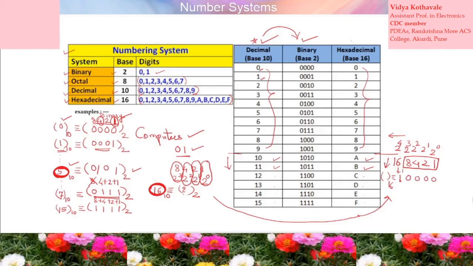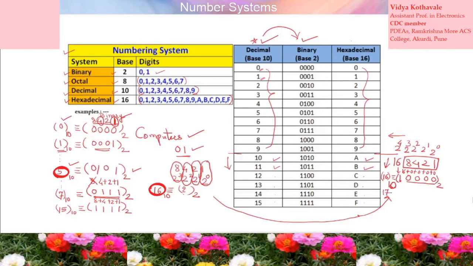That means 16 plus 0 plus 0 plus 0 plus 0, we get the decimal number 16, and its binary equivalent is 1 followed by 4 zeros.